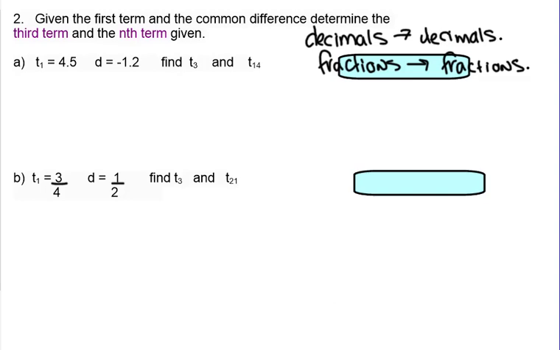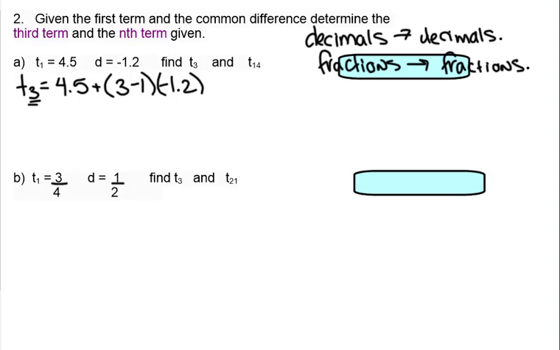Okay, so let's start off, we're going to find T3 first. T3 is equal to T1 plus n, and n always comes from whatever term we're trying to find, minus 1 times your common difference.